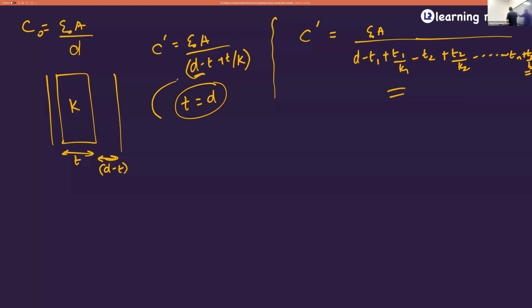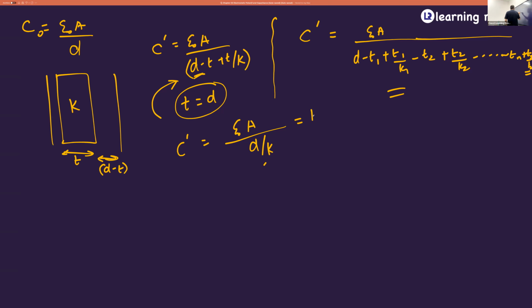So when you substitute this value, you will get C dash equal to epsilon naught A divided by D minus, in the place of T, you substitute D. So D minus D will get cancelled, and you'll be left with D by K. This K will go to the numerator.